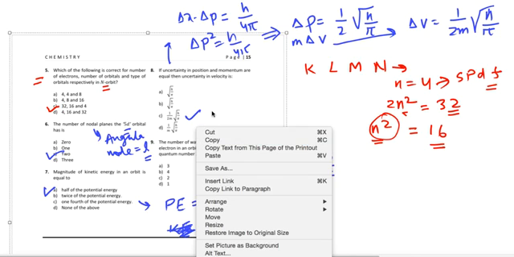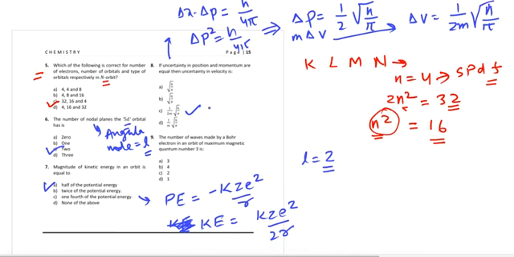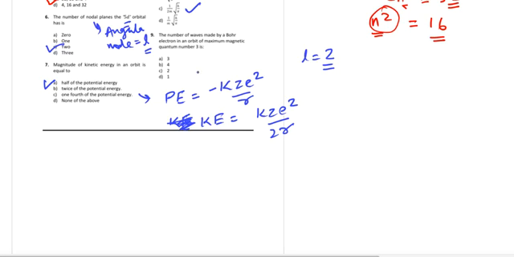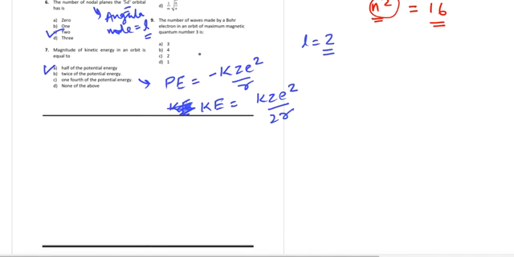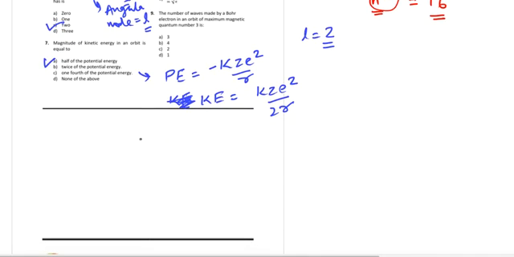Now question number 9 says the number of waves made by a Bohr electron in an orbit of maximum magnetic quantum number 3. So the magnetic quantum number is m, and m should be equal to 3. It means maximum value. Then l should be equal to 3, because the value of m is from minus l to plus l.